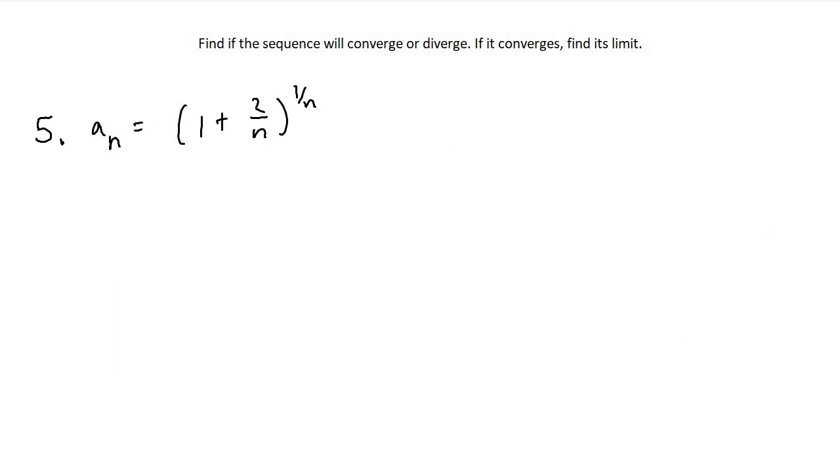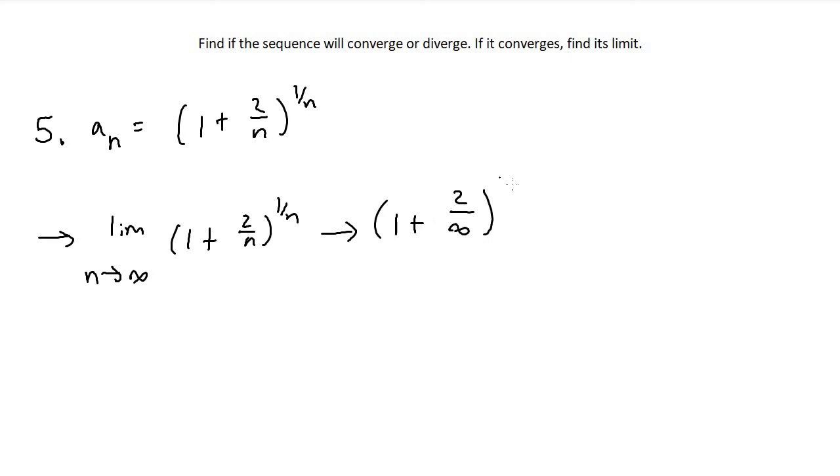So for number 5, we have a sub n equals 1 plus 2 over n to the 1 over n power. And so I'm going to set the limit once again of our function here. Now this might look a bit complicated, but let's just try plugging in infinity. So if we do so, we'll get 1 plus 2 over infinity to the 1 over infinity power.